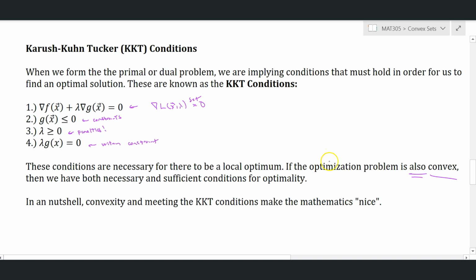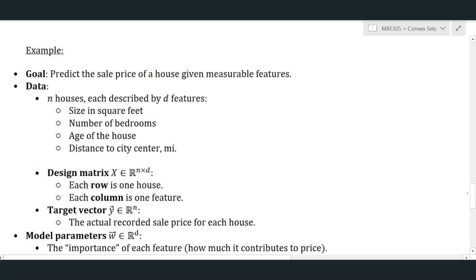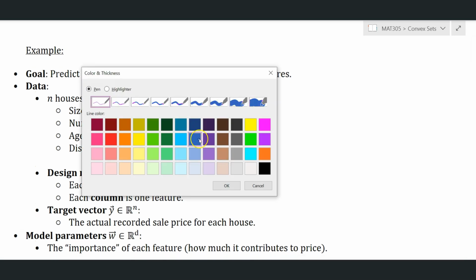And that means that your objective function and your constraint are both convex. In a nutshell, convexity and meeting the KKT conditions make the mathematics nice. Okay, it guarantees optimality. That's all we're going to worry about here. We've mentioned it. Let's take a look at an example of working with this idea of convexity.